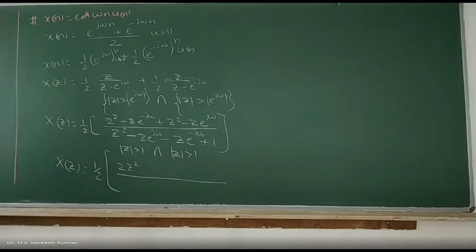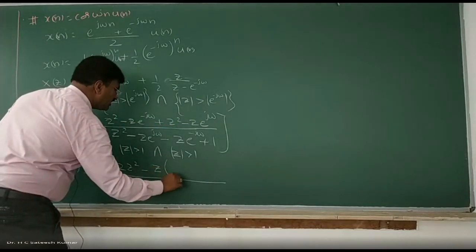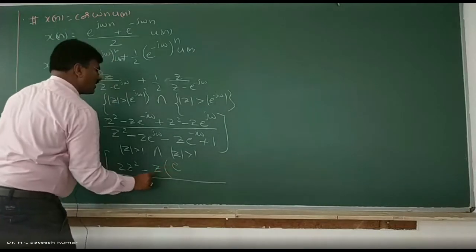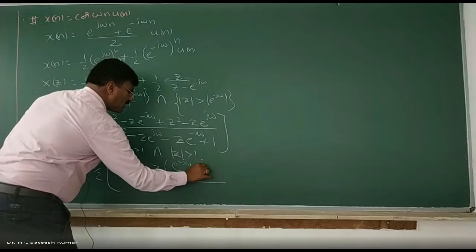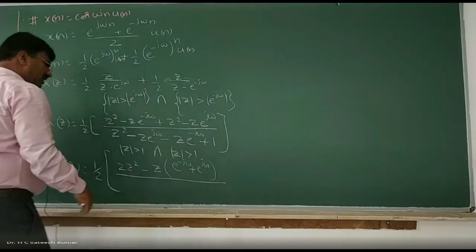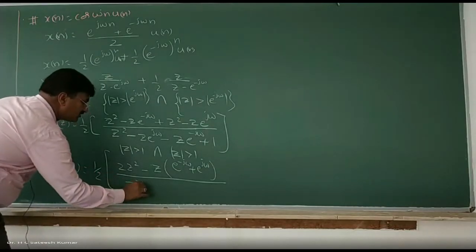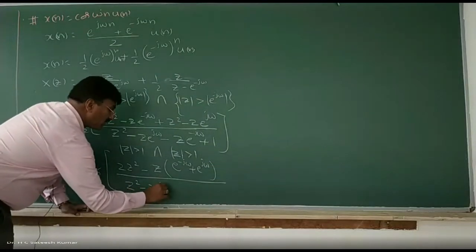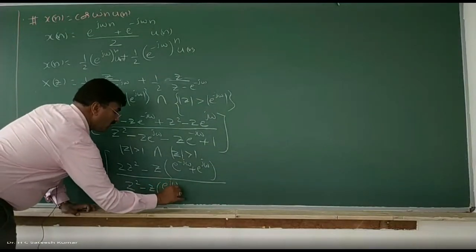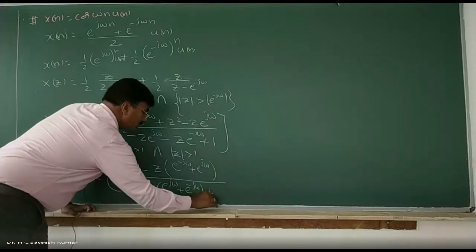Okay, right. Now what you should do, take minus z common in the numerator out of this and this, minus z into e to the power of j omega plus e to the power of minus j omega, divided by z square, you write it as it is, minus z you take common, e to the power of j omega plus e to the power of minus j omega, plus 1.